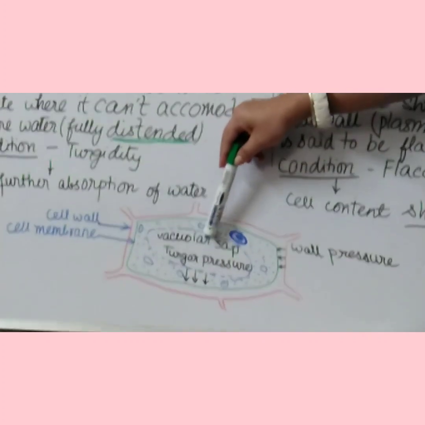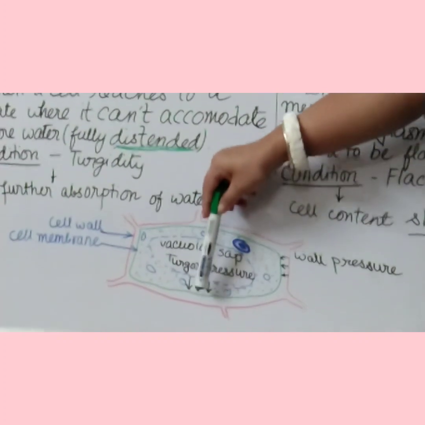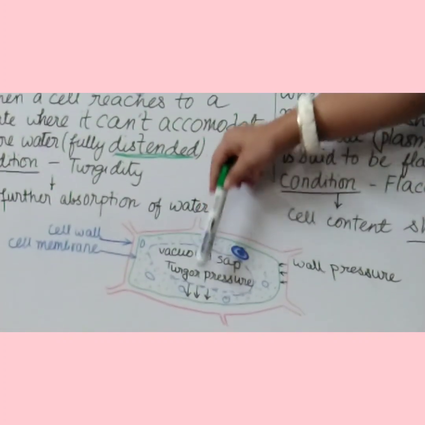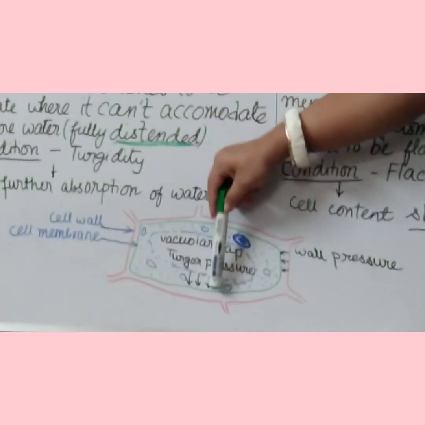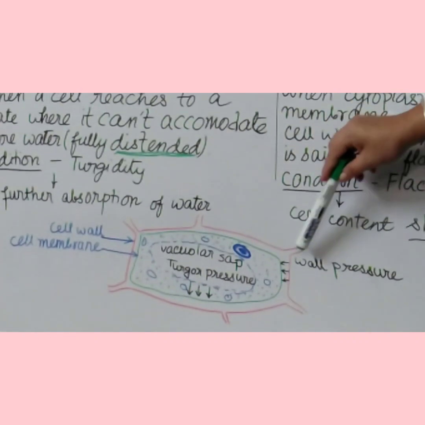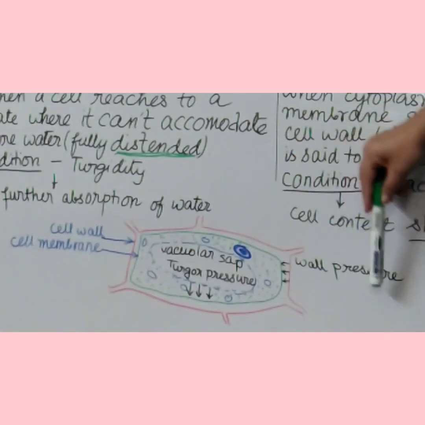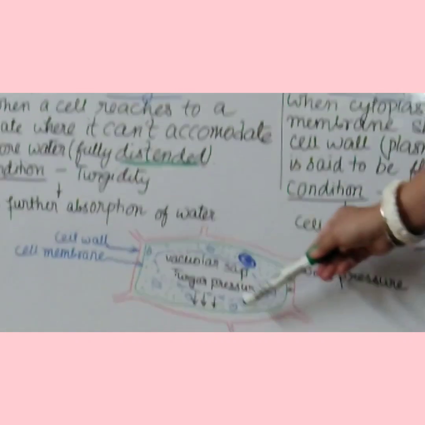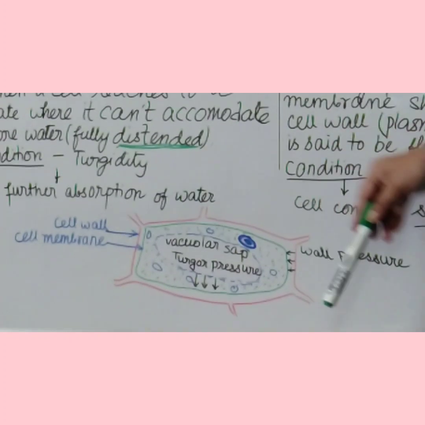Now this vacuolar sap is giving a pressure towards the cell wall. See, I have given a downward arrow. The sap of the vacuole giving a pressure towards the cell wall, that is the turgor pressure. And the cell wall giving a pressure towards the cell content, that is the wall pressure. So these two pressures, turgor pressure and wall pressure, are balancing each other.